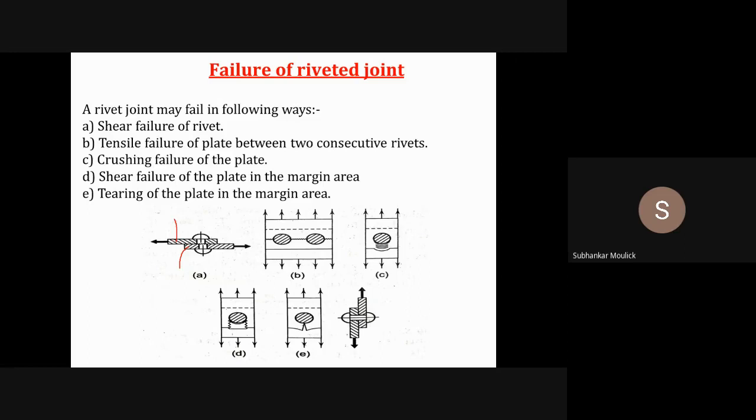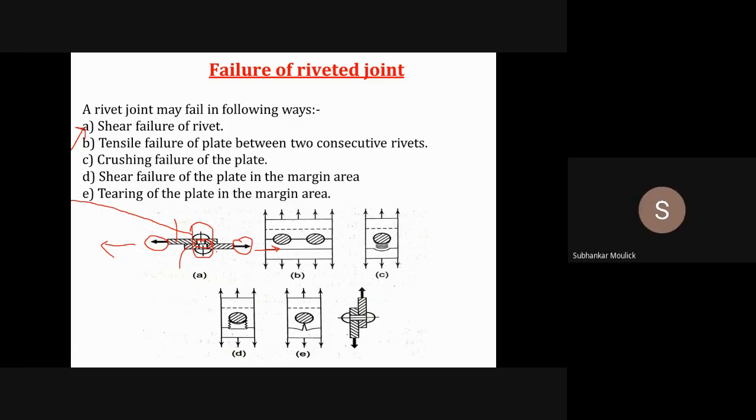On the first plate, if you apply an axial load in the negative x direction, and on the second plate you apply an axial load in the positive x direction, then the cross section of the rivet will be subjected to shear failure. See, the shearing is occurring at this particular cross section. This is one of the criteria by which your rivet can fail. Any doubts?